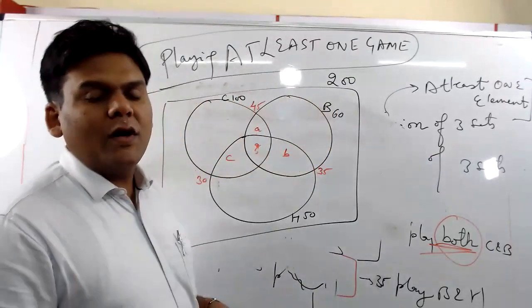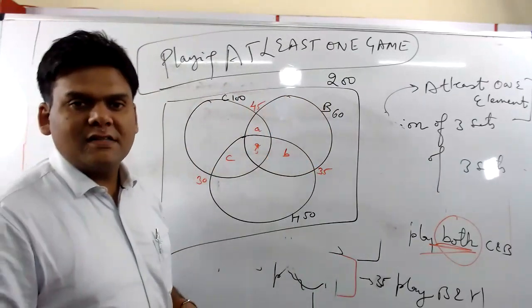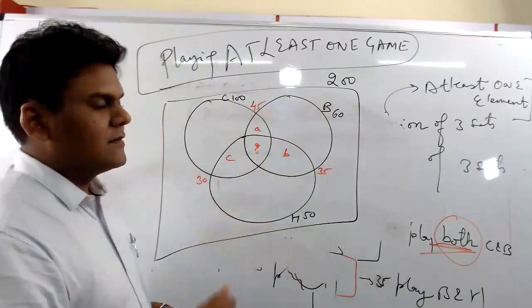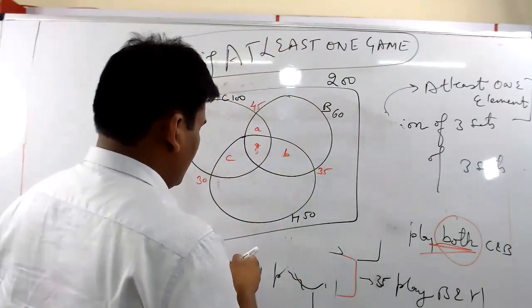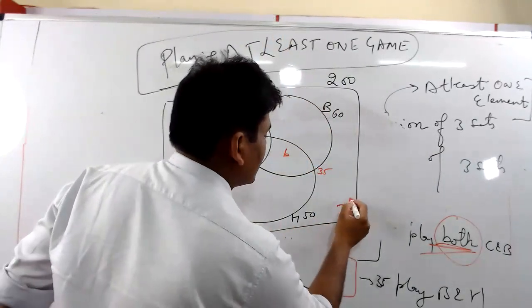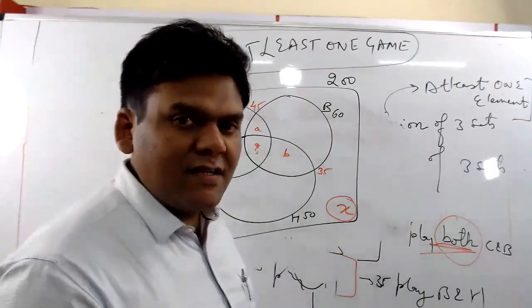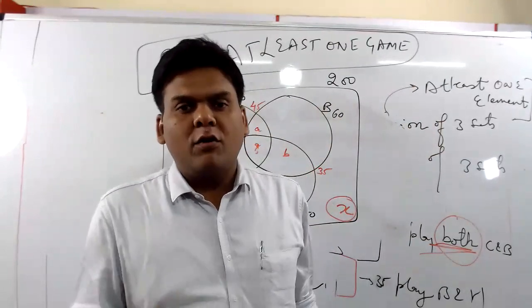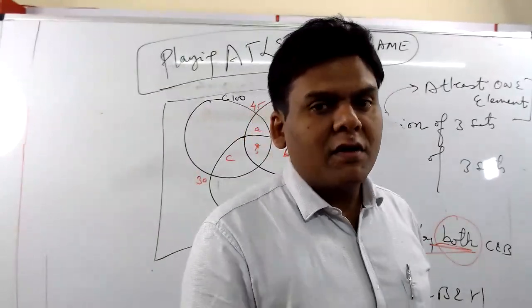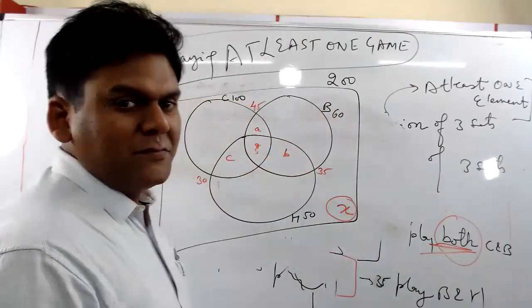Why can it not be 200? It cannot be 200 because there may be some students who are not playing any of the games. Does the author ever say in the question that each student is playing one game or the other? No. There might be a couple of students like Pradeep who do not like playing games.